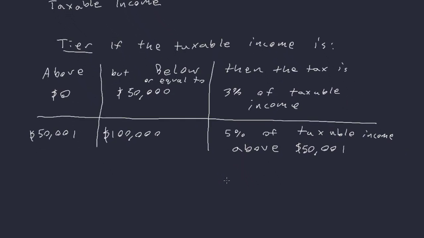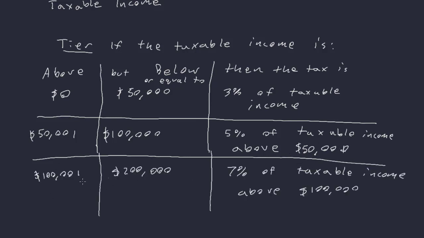So here's how this works. Once you move to this tier, you don't pay the full 5% on everything. You pay 3% on the first 50,000, then 5% on anything between 50,000 and 100,000. And then if you move up to the next tier, let's say this next tier goes from 100,001 to 200,000, we're paying 7% of income above that.